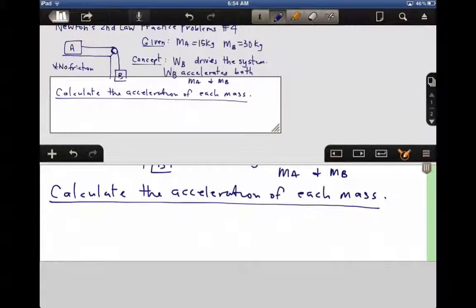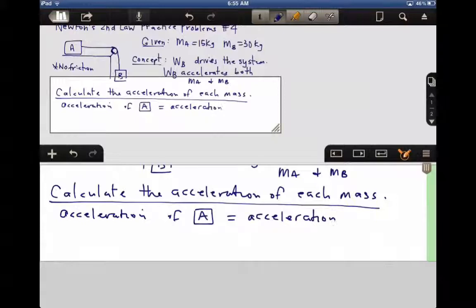So the next idea to grasp is that the acceleration of A is the same as the acceleration of B. They move together.